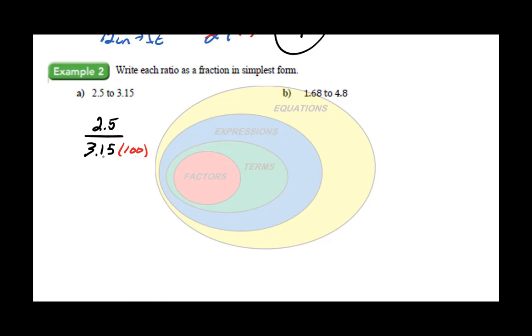In this case, I have 2 decimal places, so if I multiply by 100, that moves the decimal place 2 places to the right. When I'm dealing with fractions, I have to multiply the top and bottom both by the same number to have an equivalent fraction. So this ratio would be 250 over 315. If we simplify that, there is a factor of 5 in the top and bottom, and this simplifies to 50 over 63.